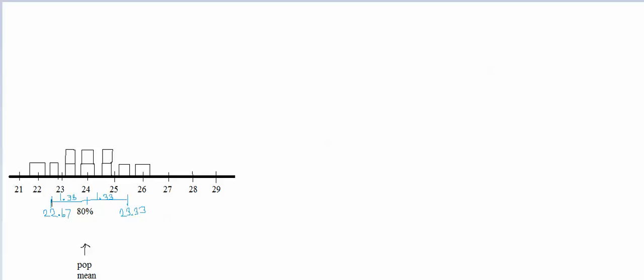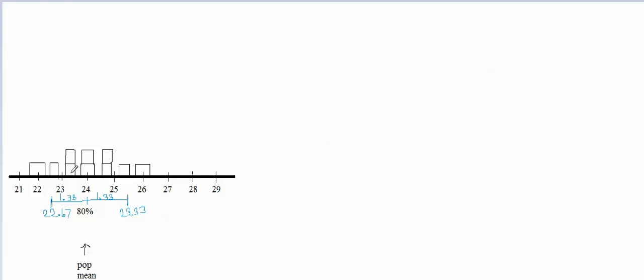Now, let's look at the boundary points of the middle 60%. The 6 middle samples were these 6 right here. So 6 out of 10 is 60%. So these 6 samples in the middle would be the middle 60% of all 10 samples. So the middle 60% of the samples are between this point right here and this point right here.